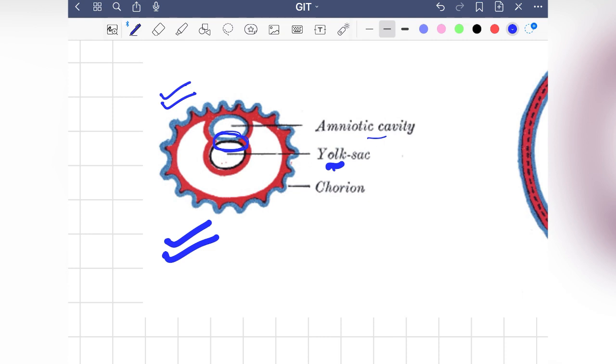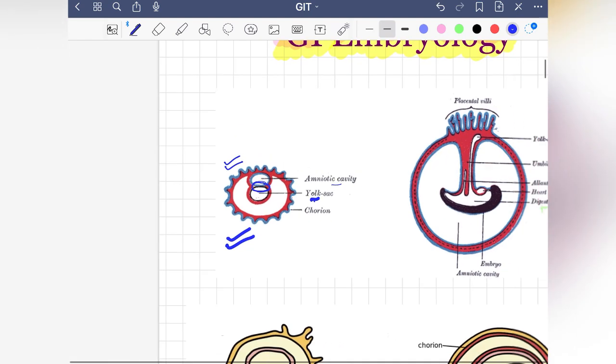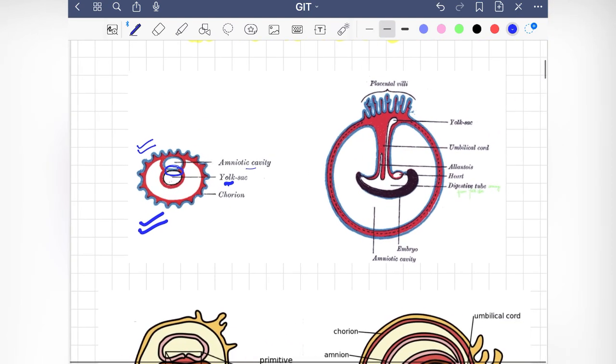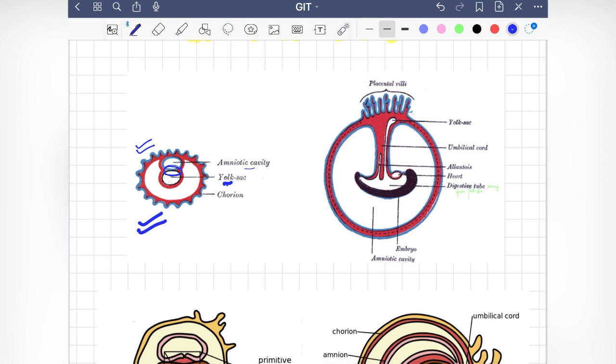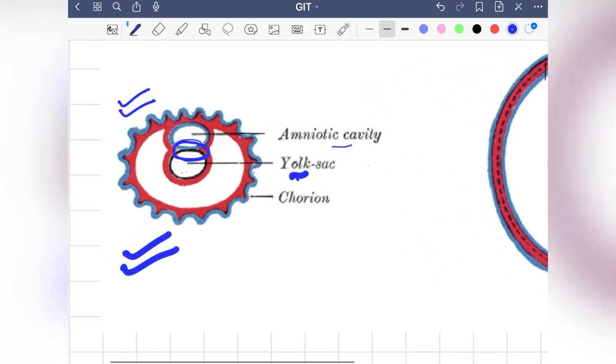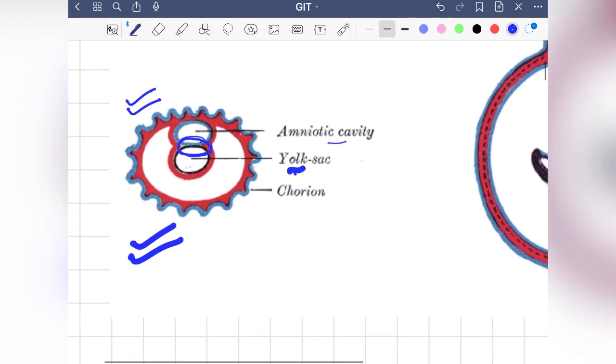What happens early on in development is that this embryonic cavity folds in multiple directions, in four directions, and wraps around the yolk sac. After a few weeks, you have something that looks like the drawing on the right side of the screen.